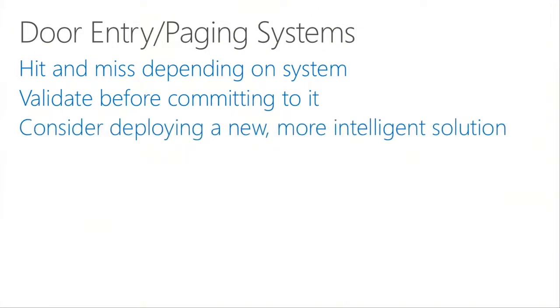And like I said, consider deploying a new, more intelligent solution on this. I've got one customer that had a requirement for a paging system because they needed to announce at 11:30 every morning that the lunch van had arrived.